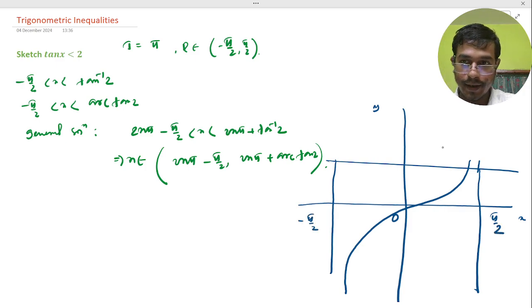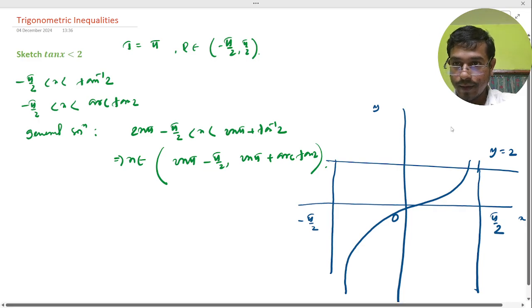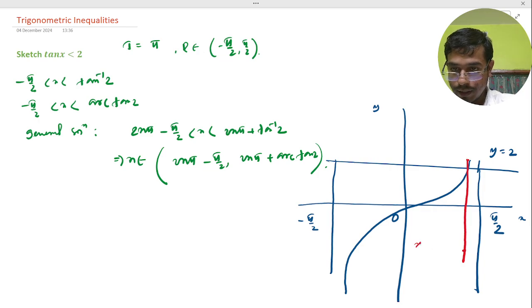Here we take tan 2, arc 2, so this straight line is y equal to 2, and for arc tan 2, the graph would look like that, this is the cutting point, and this is x equal to tan inverse 2 or arc tan 2.